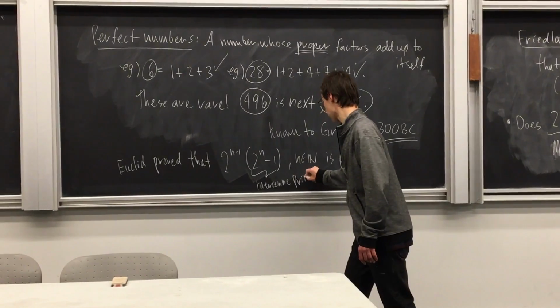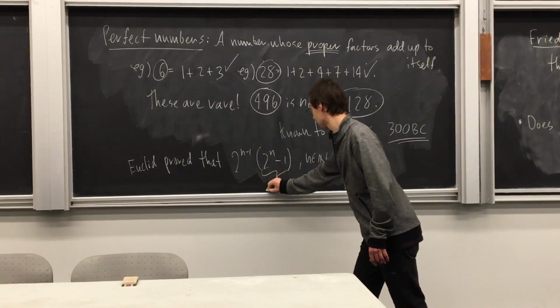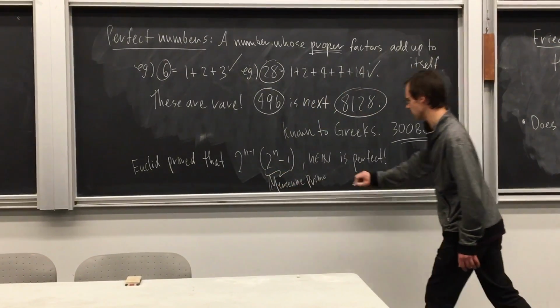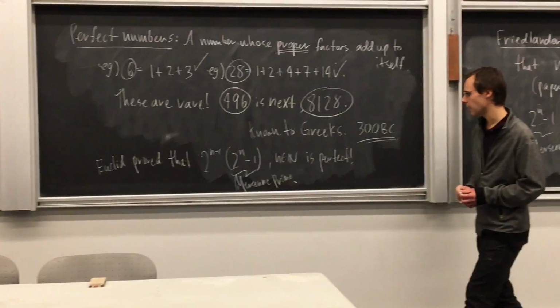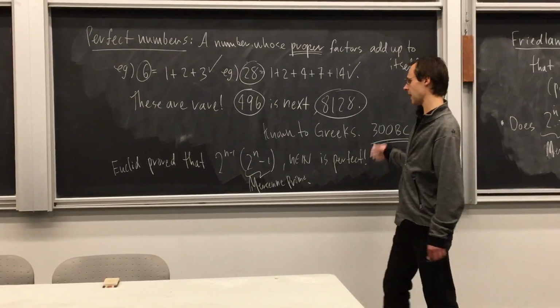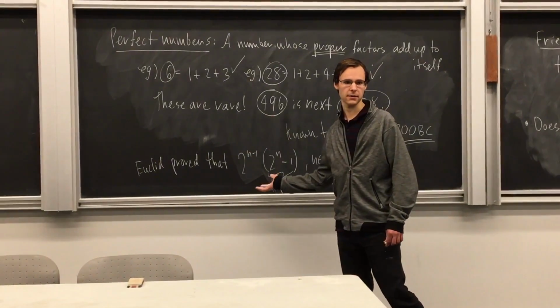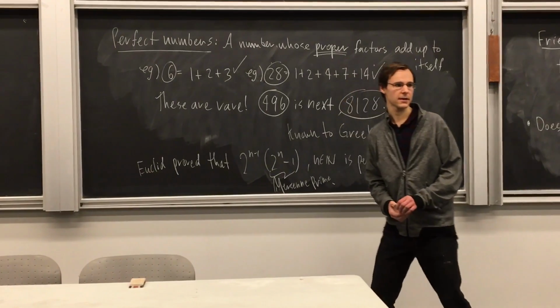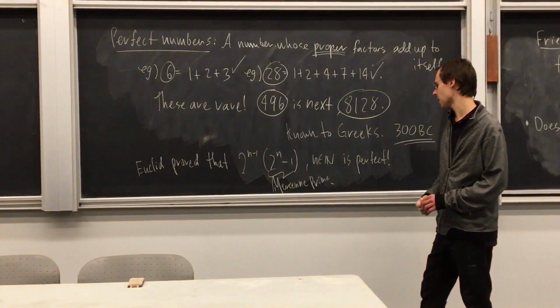So Euclid proved that. Euler actually reversed the implication and showed that every even perfect number has to take on this form. And that wasn't until the 18th century. So there was like a 2,000-year gap there.